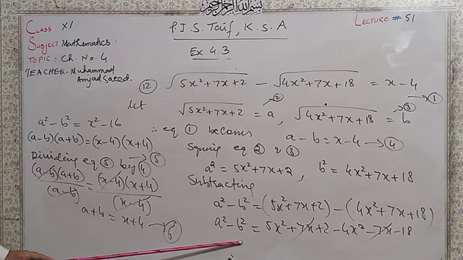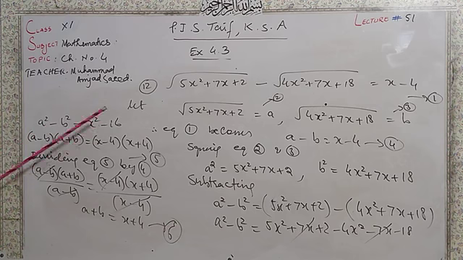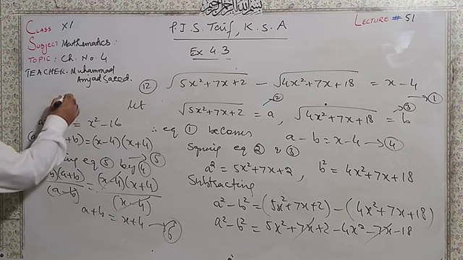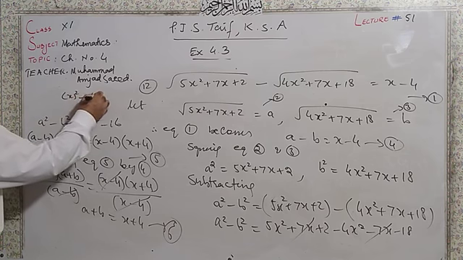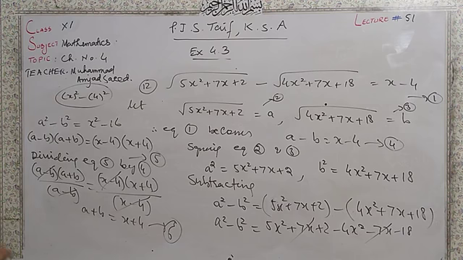Then subtracting. After simplifying, we got a square minus b square and x square minus 16. Here is a minus b, a plus b. We are applying the formula a square minus b square equals a minus b, a plus b. Similarly, you know that x square minus 16 is x whole square minus 4 whole square. So in this way, you will write down once negative, once positive.